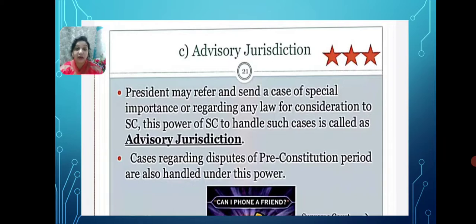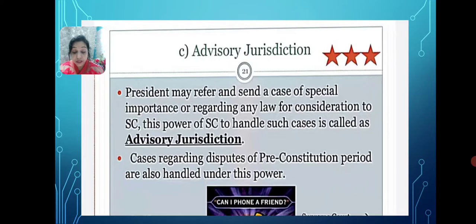This was all advised by the Supreme Court because it is a matter of public importance, a matter of public safety. So such opinion of the Supreme Court is advisory and not binding on any ruling government, executive or legislature.